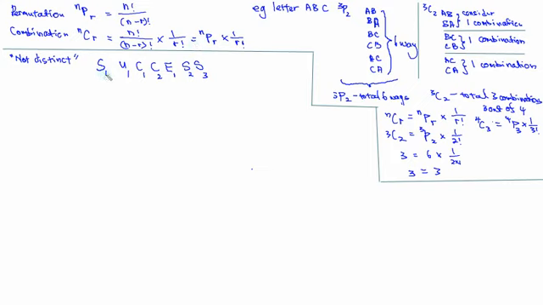So if I take these 7 letters, 1, 2, 3, 4, 5, 6, 7, I'm going to arrange them. How many ways can I arrange them? Bear in mind, if I have S2, U1, C1, C2, E1, S1, S3, there's no difference between these S2, S1, S3.